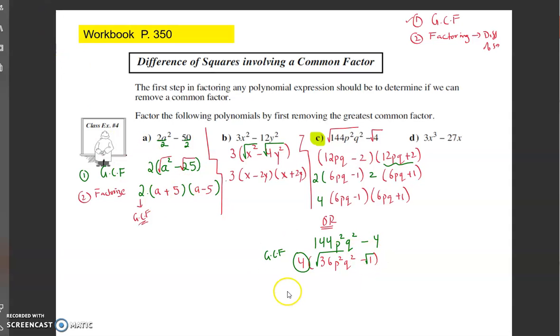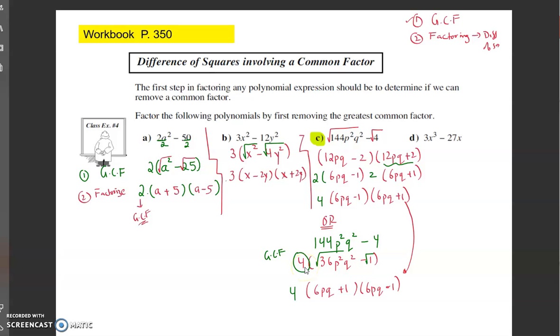My answer would be 4, and for the difference of squares, 36 will give me 6pq, and minus 1 will give me plus 1 and then minus 1. The square root of 1 is just 1. You can see the answers are the same, but it shortened the process a bit.